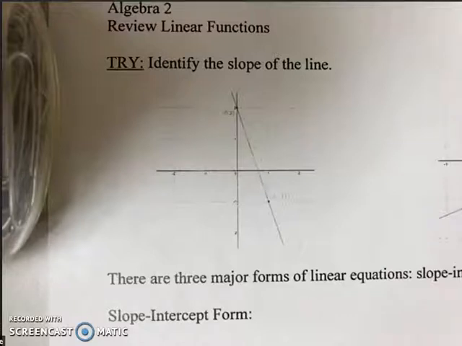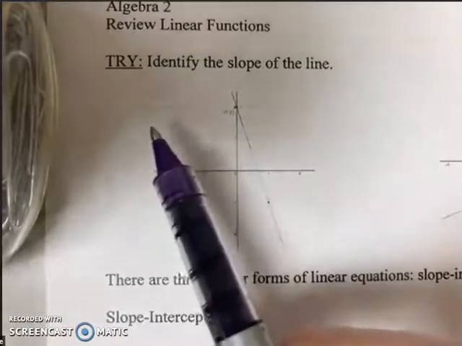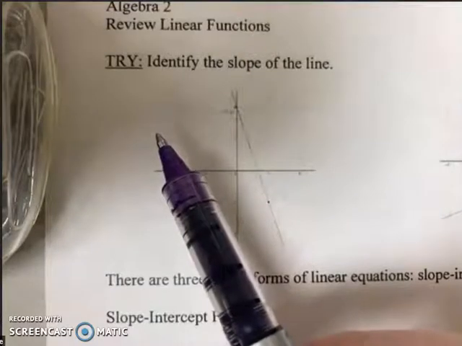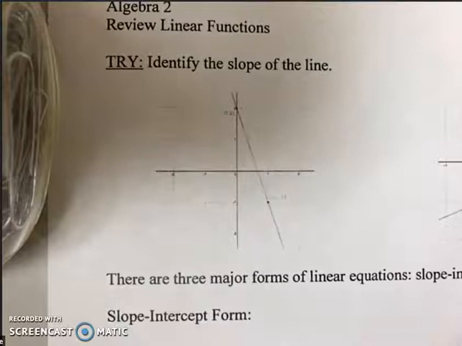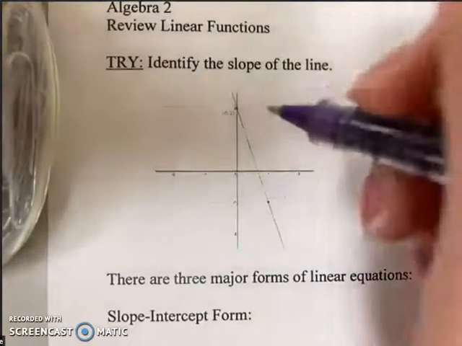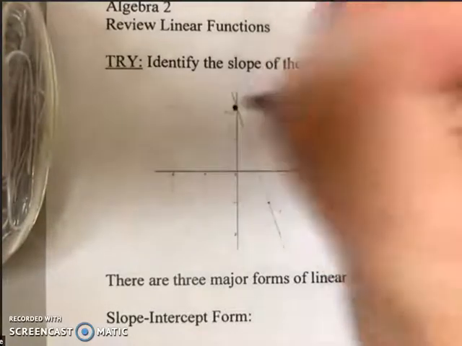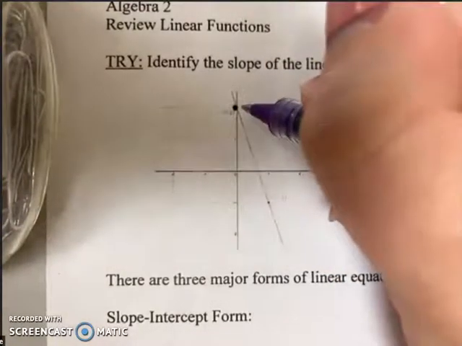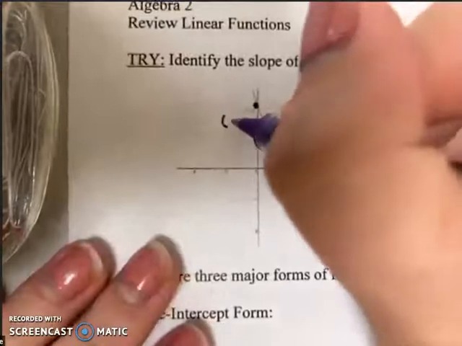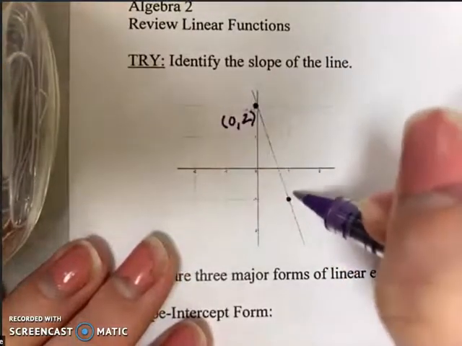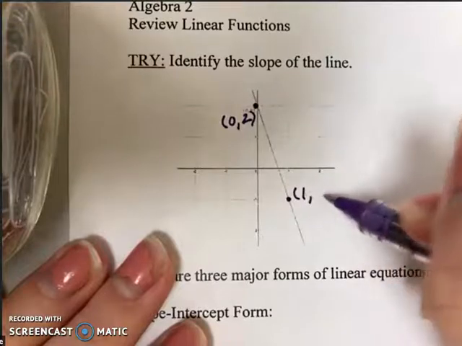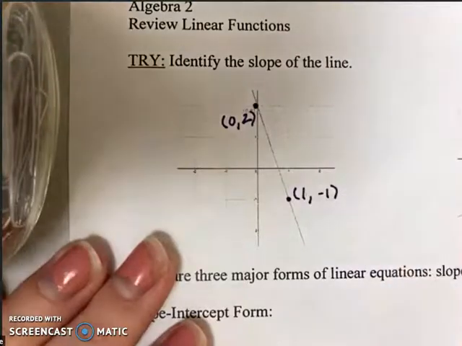Now, I would like you to begin by attempting the try problem on the first page. What you need to do is take a look at the two graphs and identify what the slope of the line is. Just in case you're having some difficulty viewing what those points actually are, this coordinate is (0, 2) and this point right here is located at (1, -1).